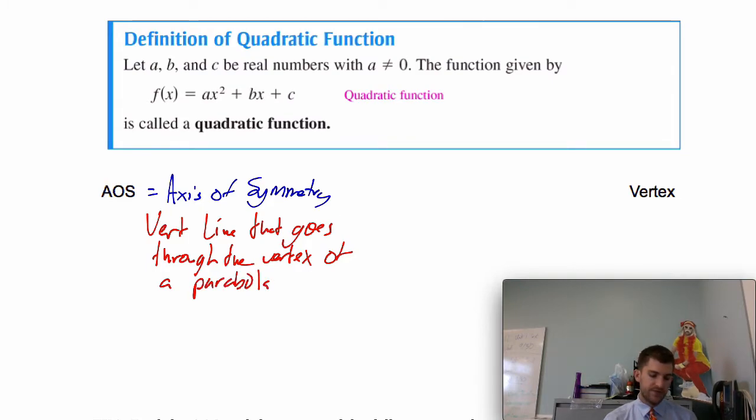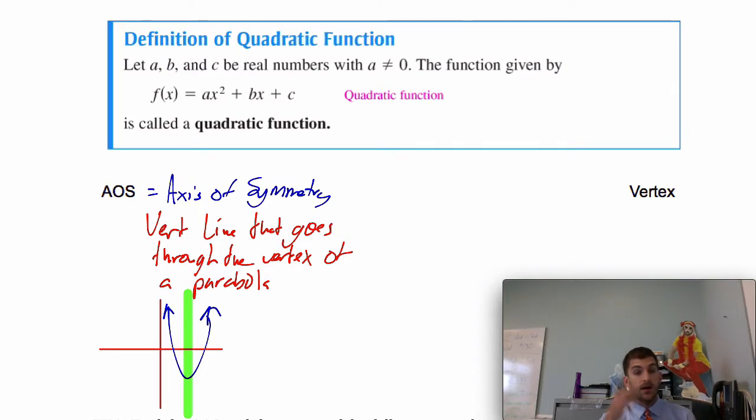So if we were to draw a rough sketch of that, here's a graph, here's a parabola. It's not my best parabola, it's not my worst, but a vertical line goes through that. It cuts the graph in half and creates a reflective symmetry on each side of the graph.